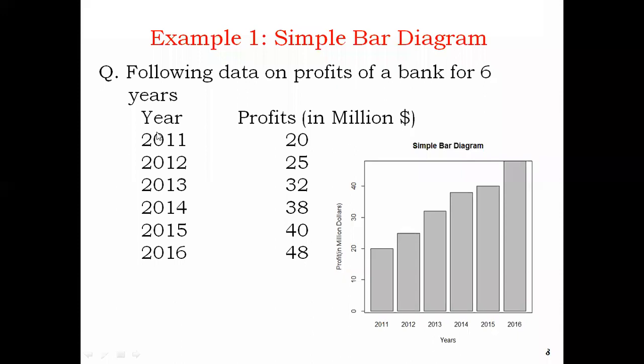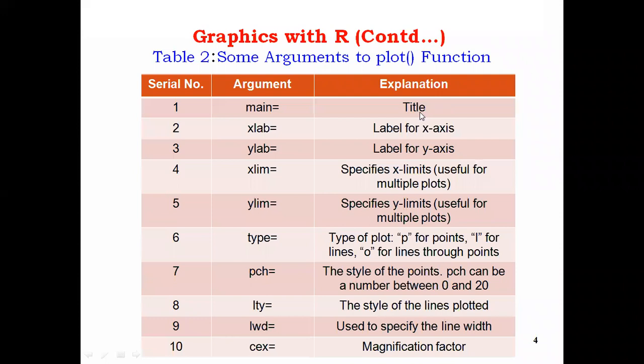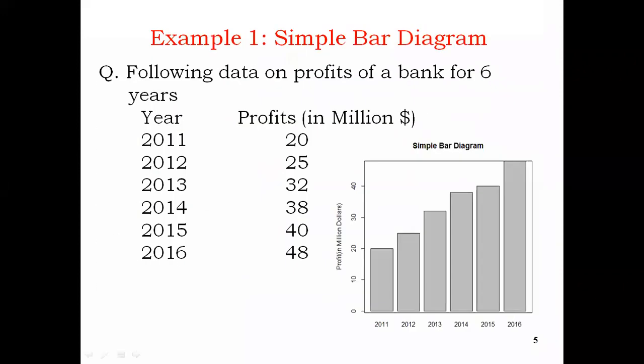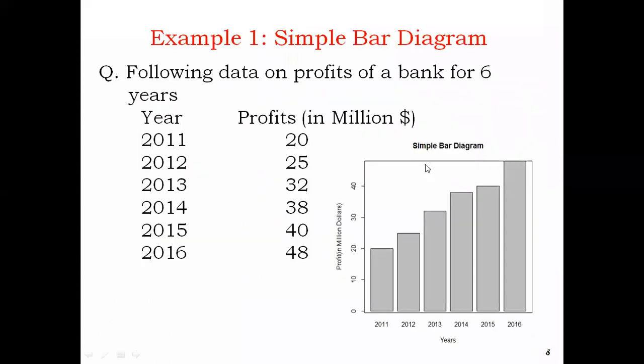Now you see 2011 to 2016 is here. I told you about the function main, which is the title. So the title of the diagram here is simple bar diagram. I have already done this in our console, so I just copy and paste it here, which will make it easier for you to view. That's why I'm giving the picture here.